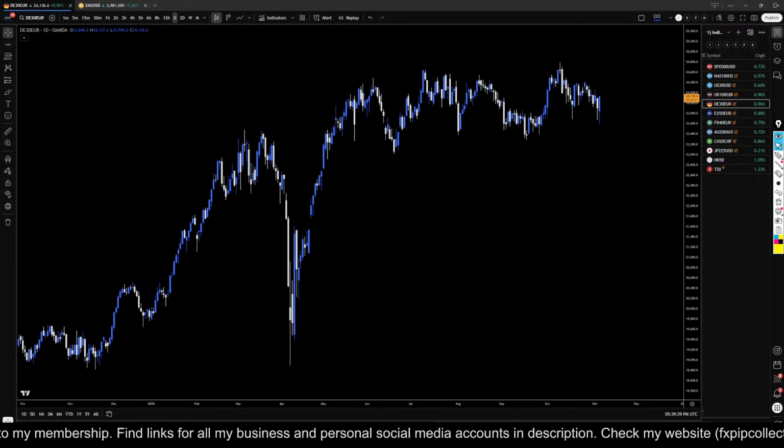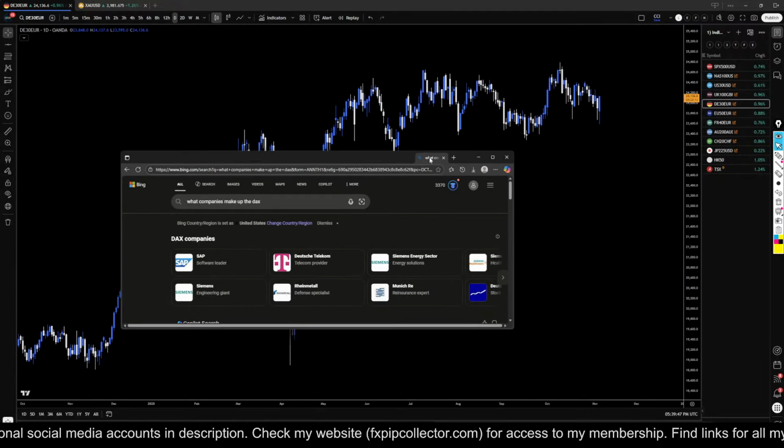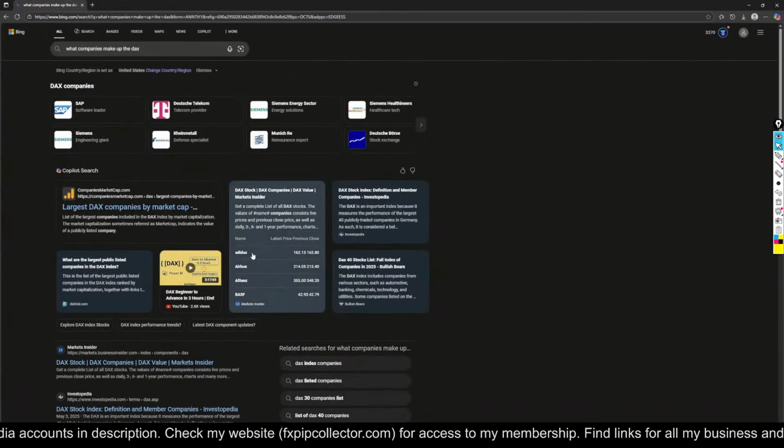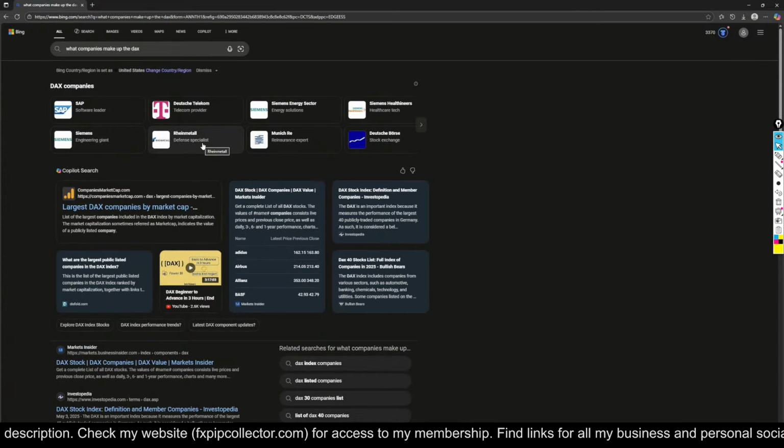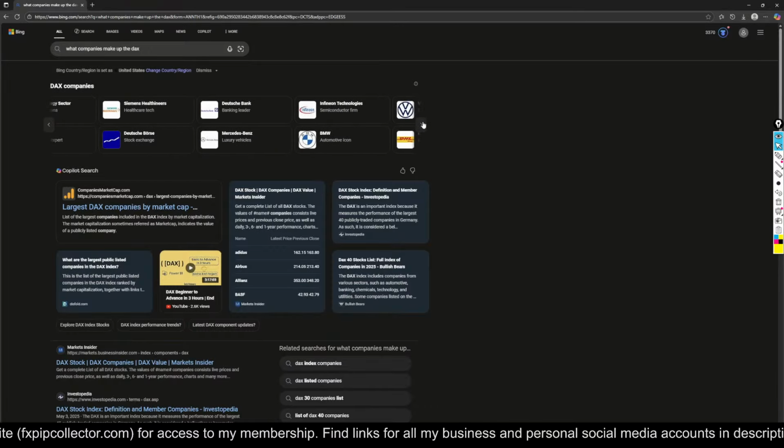What companies make up the DAX? Software leader. I thought it was all going to be car companies. Oh wow, it's not even car companies. Oh, okay. There's BMW. I was going to say BMW, Mercedes, Porsche, and Volkswagen.